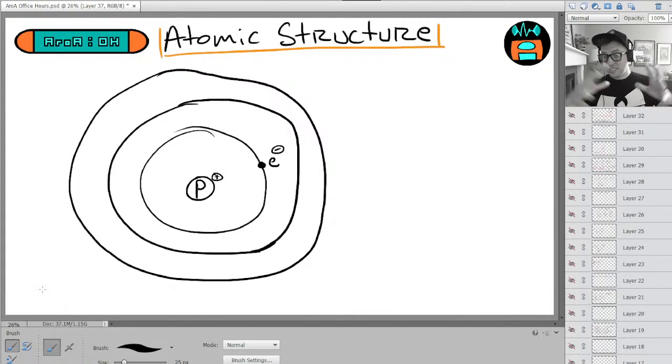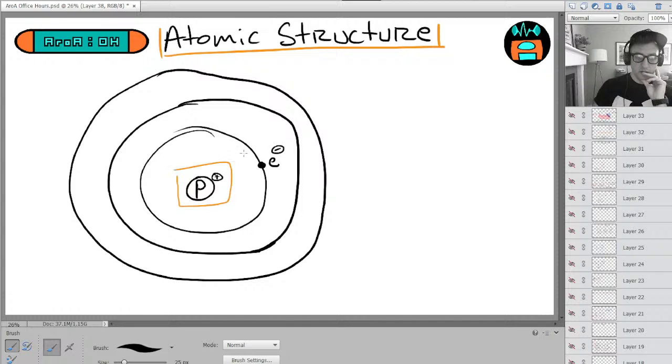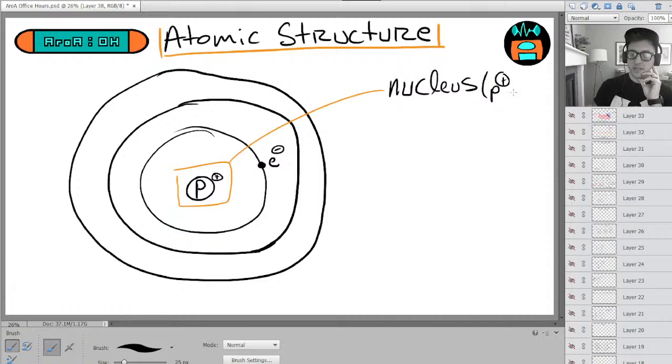So just pretend they're concentric circles. So you've got the nucleus right in here, which houses any protons and neutrons. And then you have the electrons orbiting the nucleus.